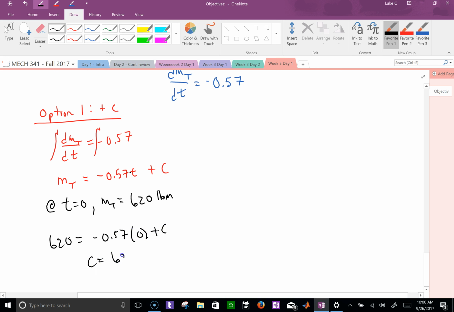But how do you know 0 is 620? Because I told you that in the givens. Well, I would have M tank equal. So the 620 was at time 0. Okay, fine. Yes, it's the mass of the water in the tank.